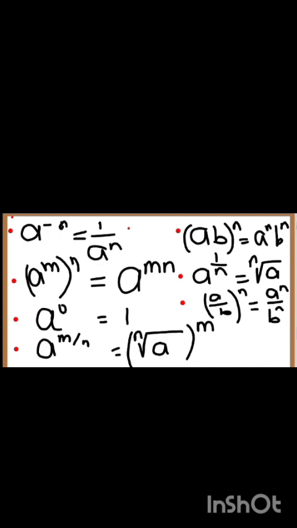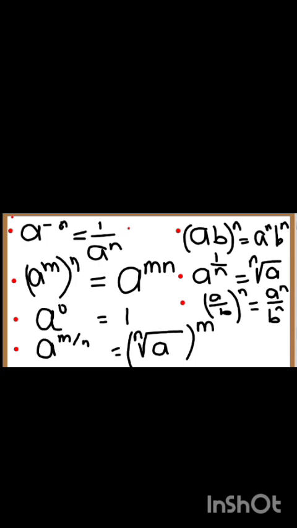We have a raised to the power m, all raised to n, is a raised to the power m times n. Then we have any number raised to the power 0 giving us 1. We equally have a raised to the power of a fraction. When it is raised to a fraction, you see here the denominator is representing the root, and the m here is representing the power. So we say a raised to the power m over n is the nth root of a, all that to the power m.